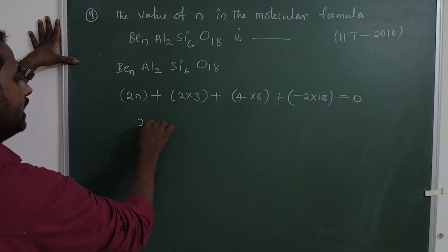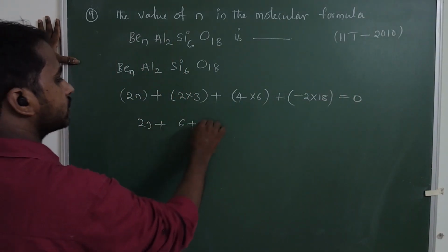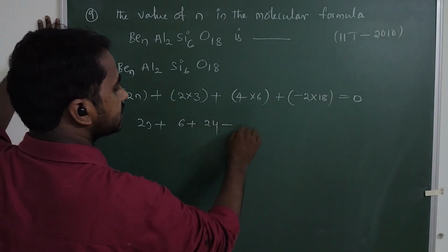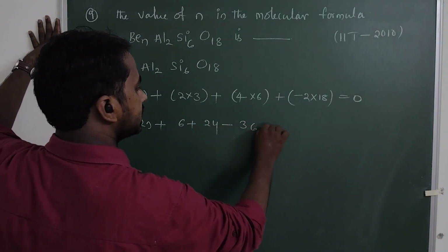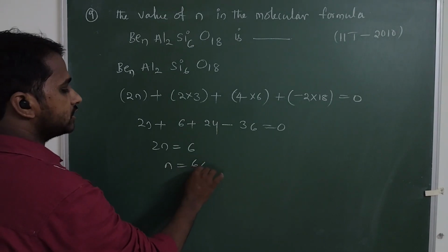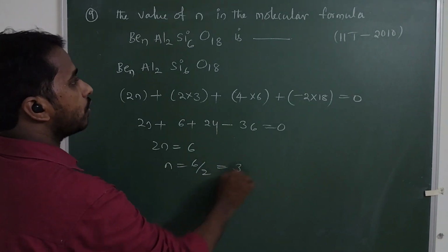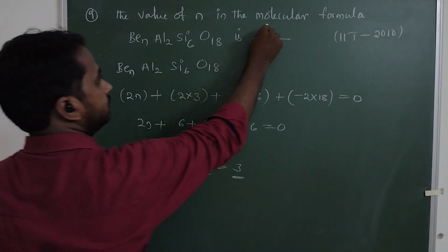So 2n plus 6 plus 24 minus 36 is equal to 0, 2n is equal to 6, n is equal to 3. So the answer n is 3.